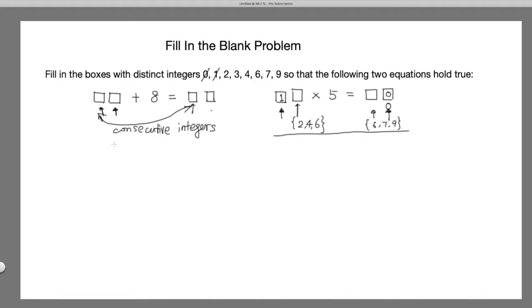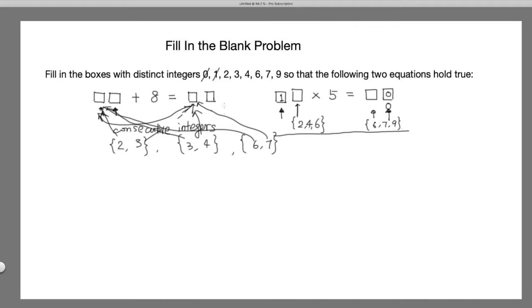Well, for consecutives, there are actually 3 pairs. Either 2 goes to the first place and 3 goes to the second place, or 3 goes to the first place and 4 to the second, or 6 goes to the first and 7 to the second.